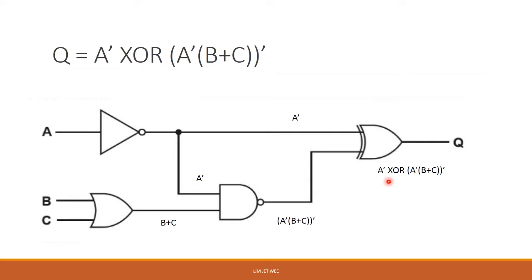So all you have to do is put one part XOR the other part, which are the two inputs. You will have your answer, which is NOT A XOR, then inside here the whole thing is a NOT of NOT A AND B plus C, and then you have your Q.